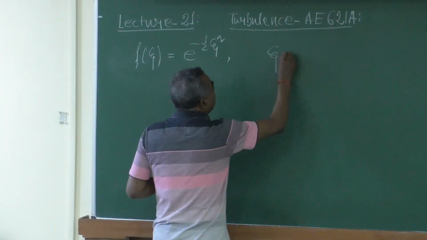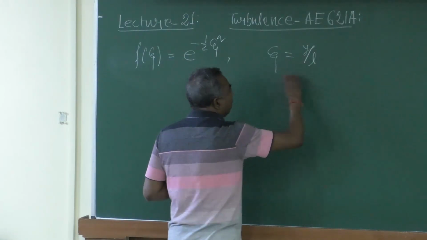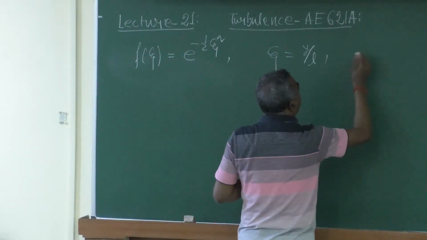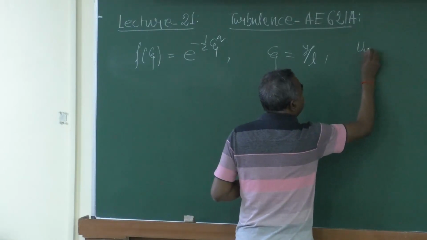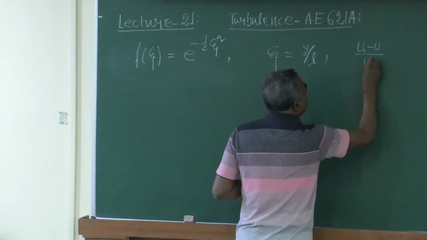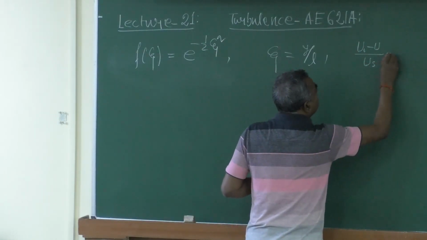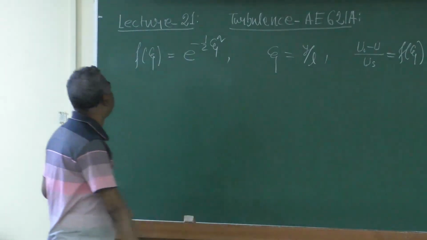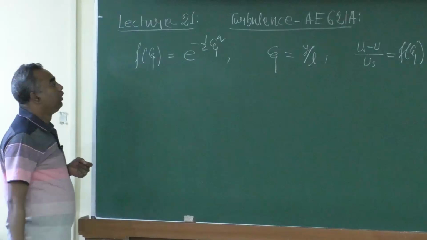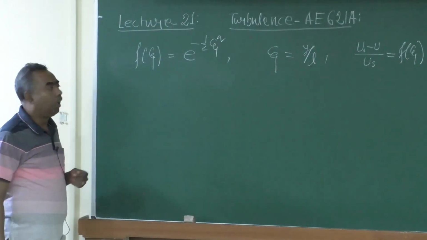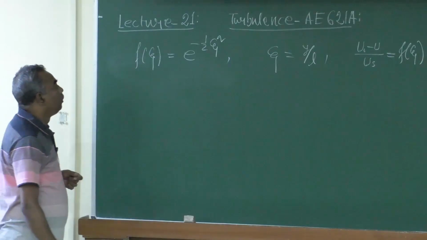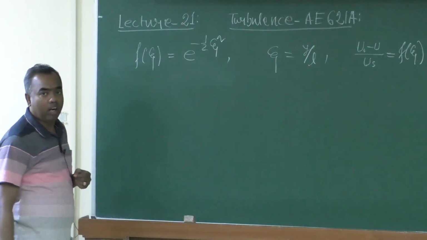Xi is y by L, okay, and what is f? f is defined as u naught minus u divided by us equals f of xi, okay. So, this is what we found in the last class, right.